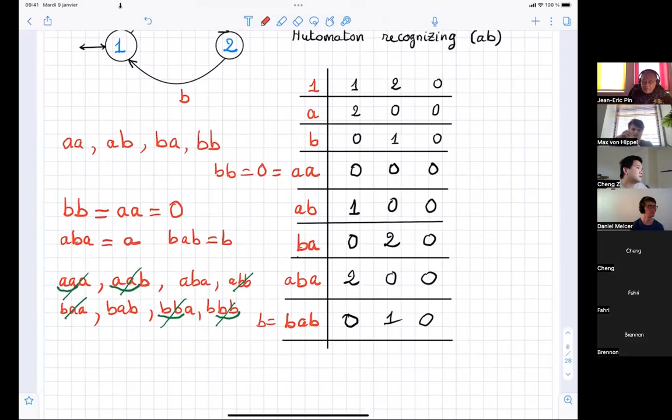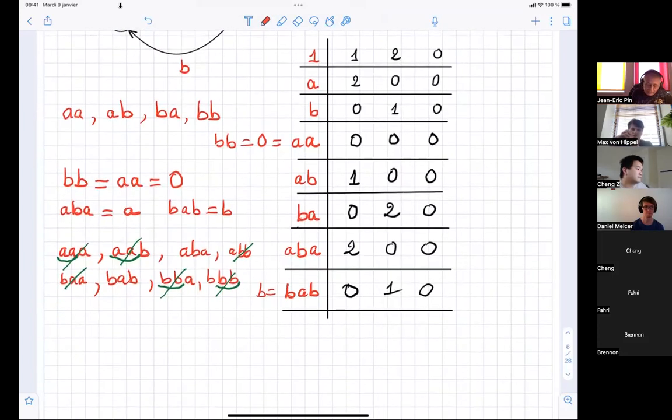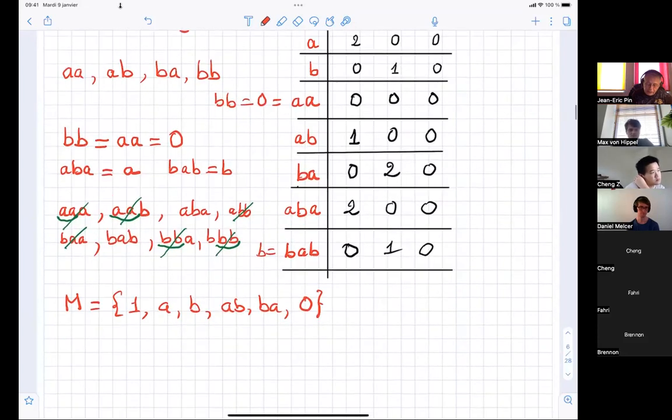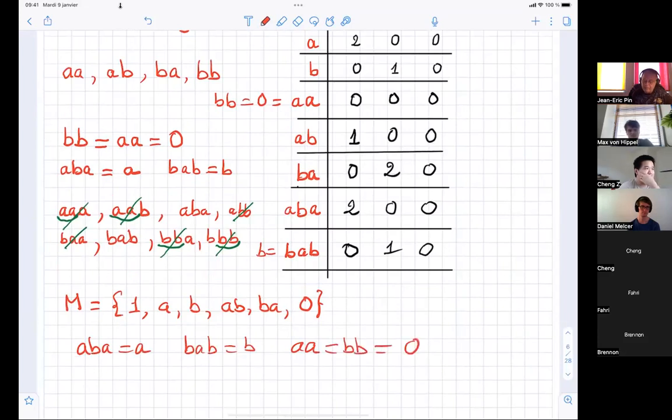So now I have my monoid. What I want to compute is this. M is 1, A, B, AB, BA, 0. And it is defined by this relation. ABA is A, BAB is B, AA equals BB equals 0.